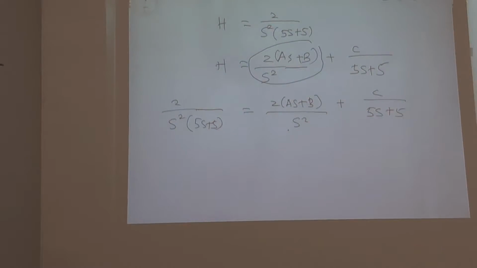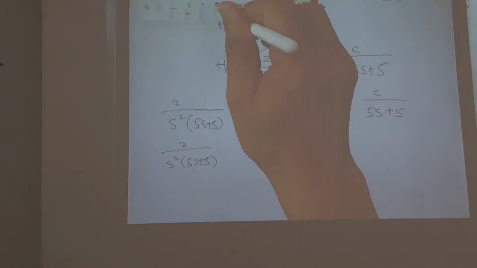From this side onward, it's just partial fractions, nothing to do with my Laplace. I just want to partial fraction it so that I can use the table. In order to find A, B, and C, I cross multiply it. This one I keep as it is, and on this side I have 2.